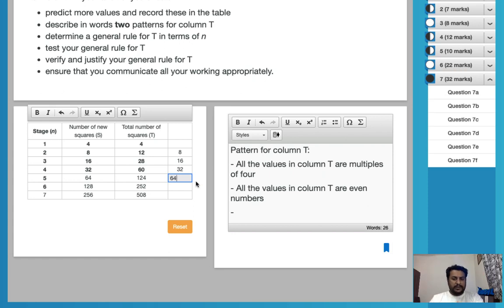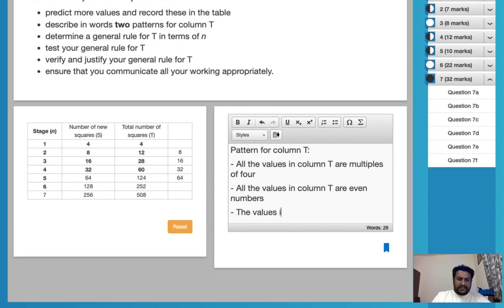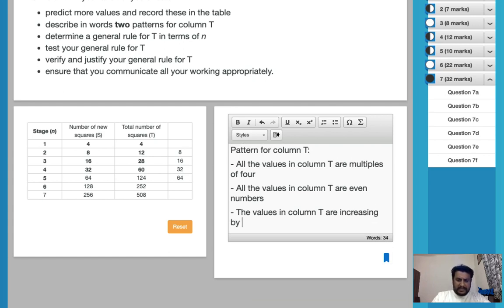So you can say the values in column T are increasing by 8, then 16, 32, 64, and so on.